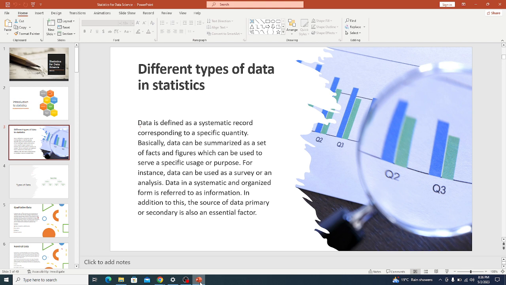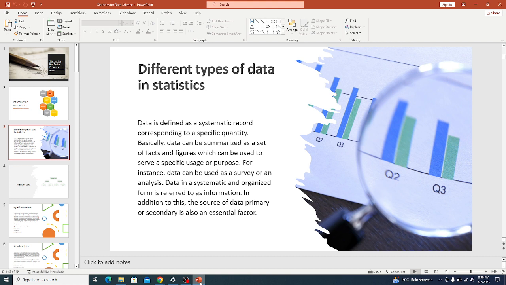That's the correct definition. Data is a set of facts and figures that can be processed to get information. That's basically the best definition of data.